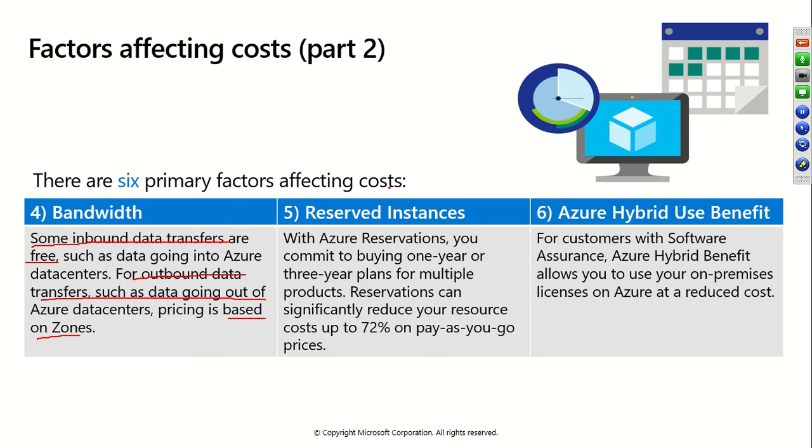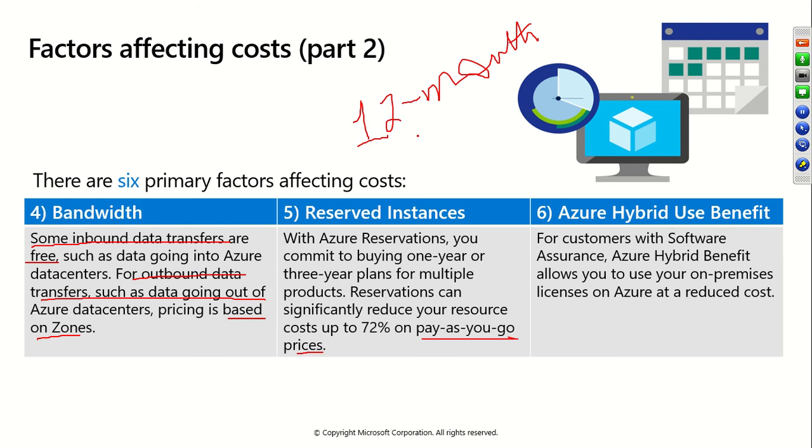Another factor that can affect cost is reserved instances. You can subscribe using pay-as-you-go pricing, which means Microsoft will only charge you for what you truly use. However, if you know the resources you will use for a long time, assuming you have a project that is for 12 months, that means 1 year, you will save on costs if you reserve all the Azure resources you need to support your project.